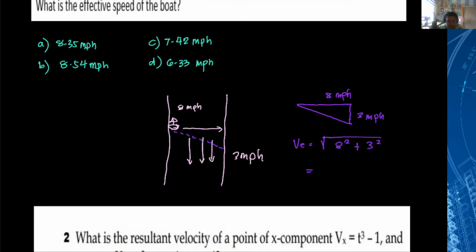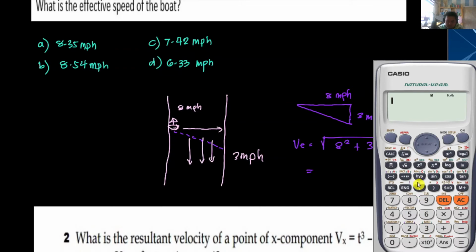Using our calculator, the square root of 8 squared plus 3 squared is 8.54 mph. This is the effective speed of the boat, so that is letter B. It's very easy.